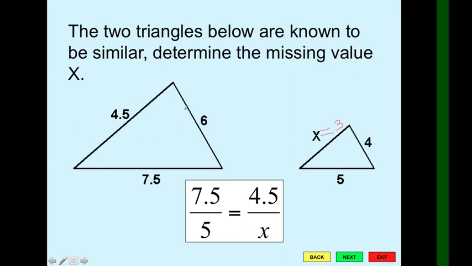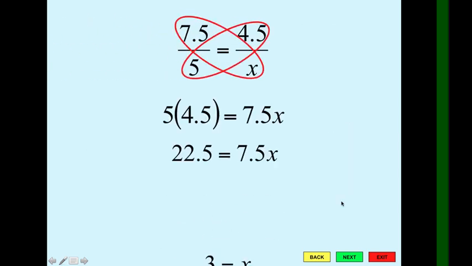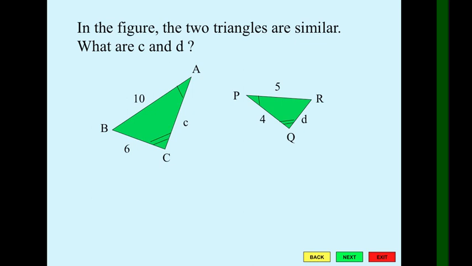To check this, if they are proportional or equal, you can do the SSS Similarity Theorem. Okay? Now, if in the figure, the two triangles are similar, what are c and d? So we're looking for small c and small d. So we can have 10 divided by 5 equals c divided by 4 because c and 4 are similar sides.